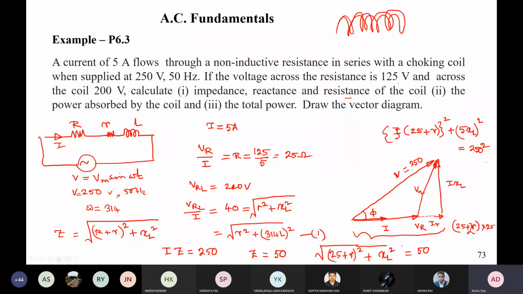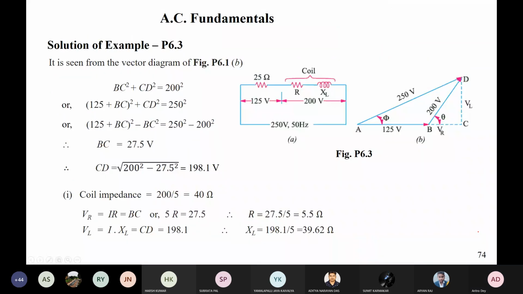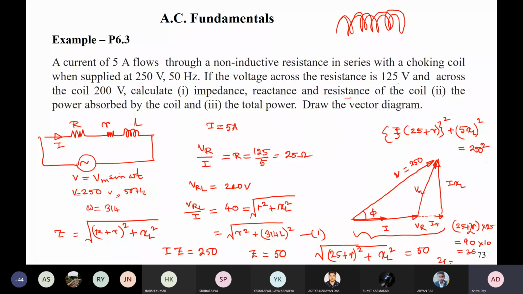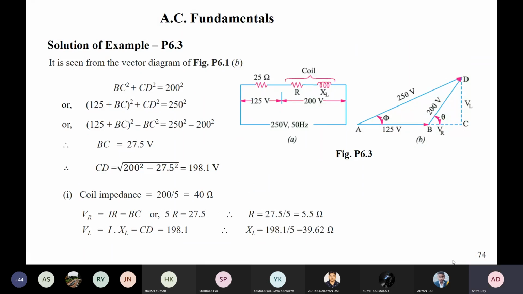And XL will cancel out, and this side will be 90 into 10. So from here we can find the value of r, because this side will be 36 once you calculate it. Your 2r will be equal to, if you subtract 25, 11, so r is 5.5. Okay, so we got r equal to 5.5.